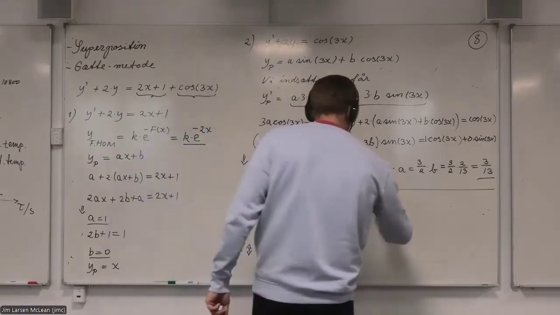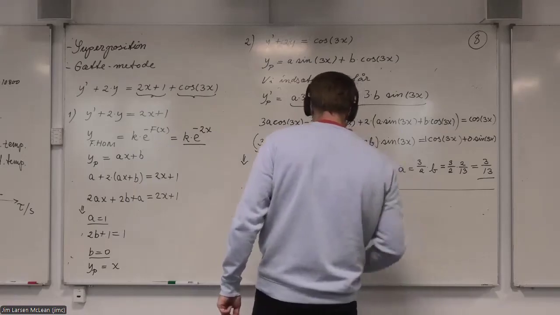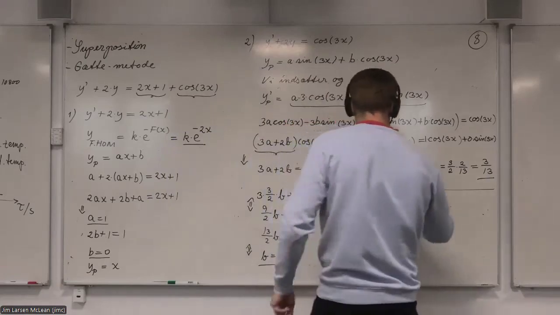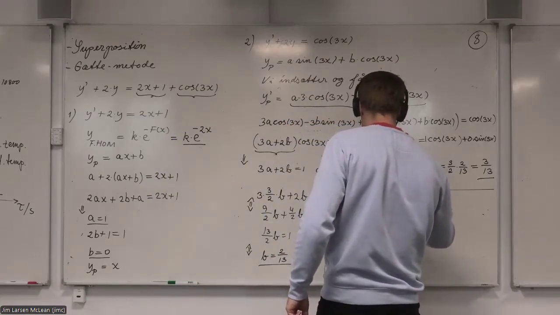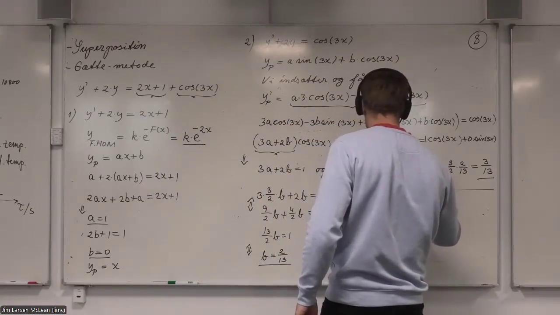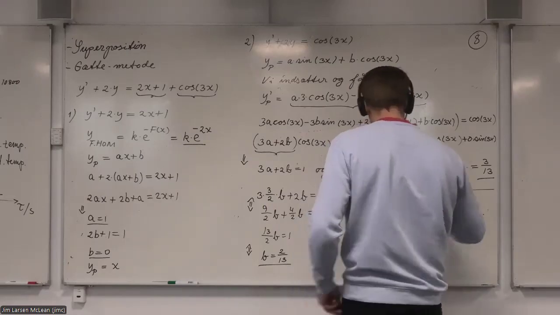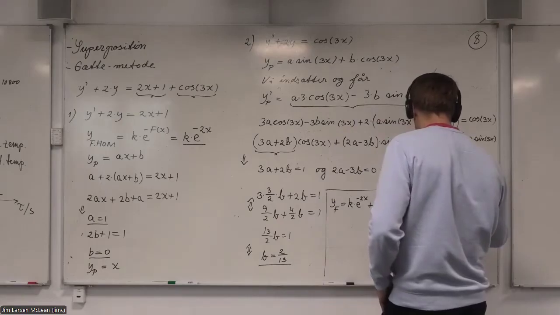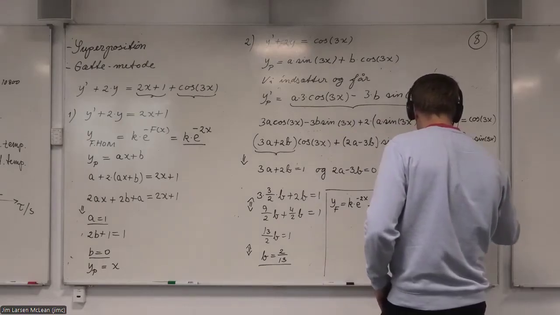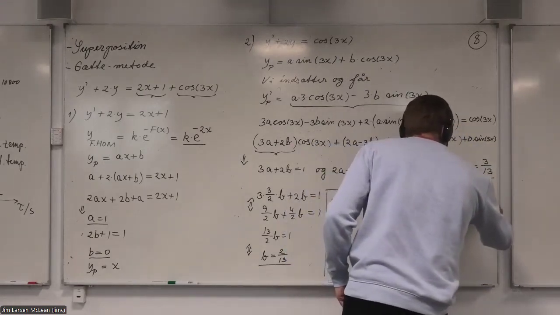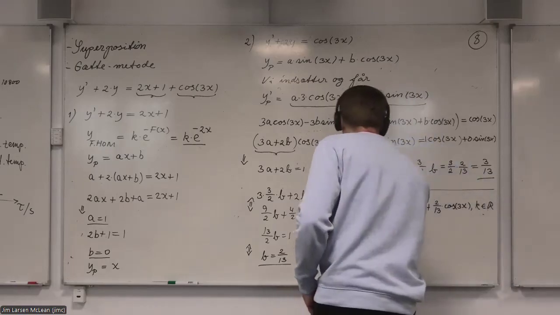And then we need the one that combines sine and cosine: the sine of 3x term, plus the cosine of 3x term. So here is the complete solution.